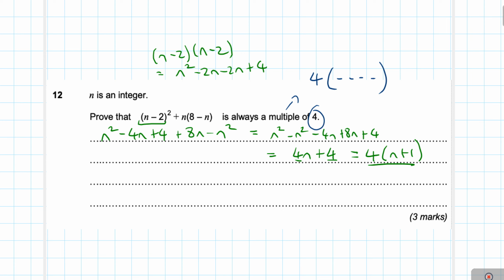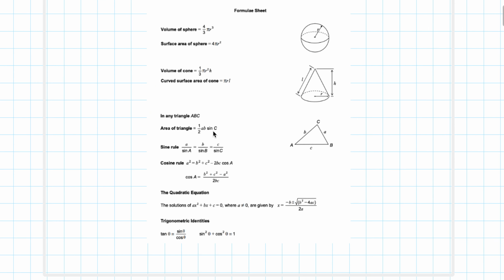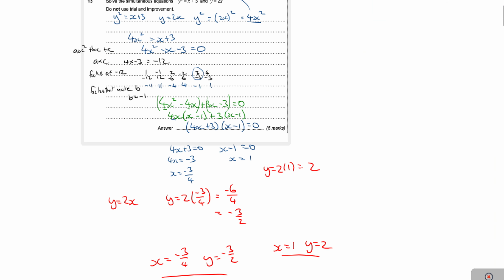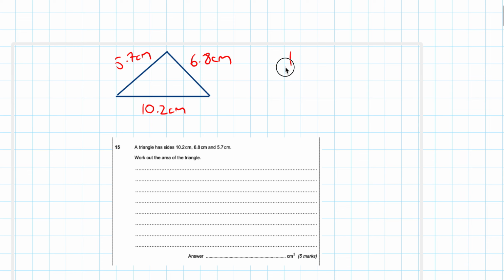We can go and check our formula book to see if there are any useful formulas, and we can see that the area of a triangle is given as half AB sine C. So if we go back to our one, we've got half AB sine C. Now notice here that when we want to find the area, we need to find an angle.